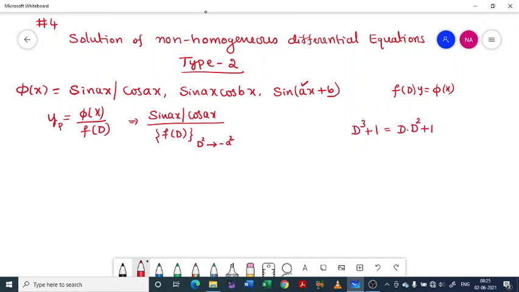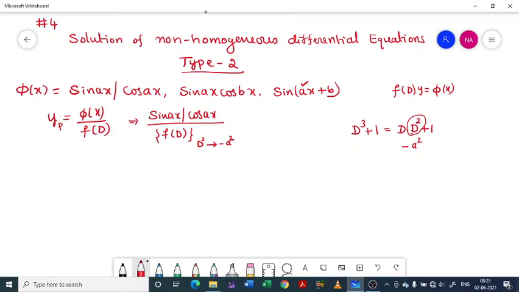So try to express f of D as much as possible in terms of D square. Now replace this D square by minus a square, not minus a whole square, it is minus of a square, negative number.